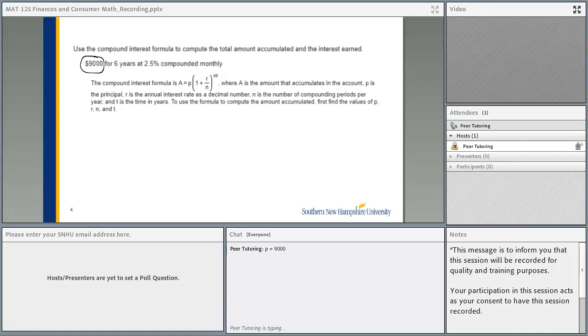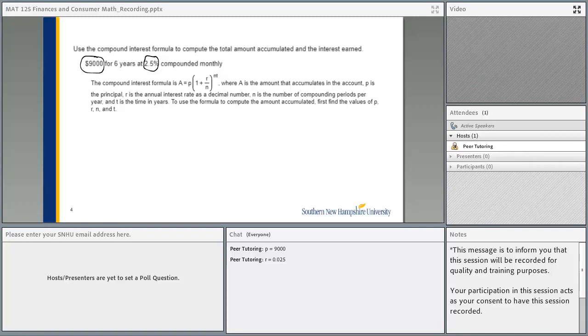Our value of R is going to be equal to 0.025. The reason is that we are given the percent 2.5, so we have to convert that to a decimal. If that part isn't clear, I would recommend practicing converting a percent to a decimal.